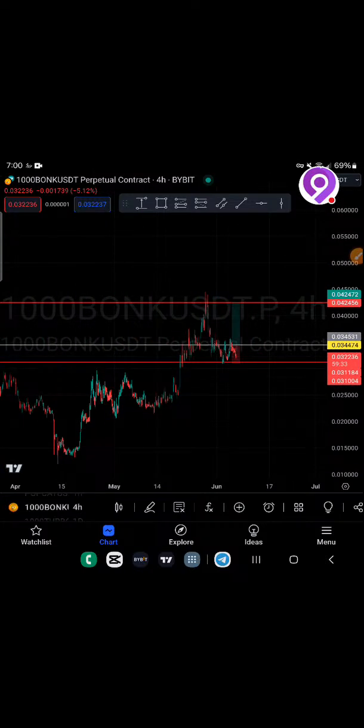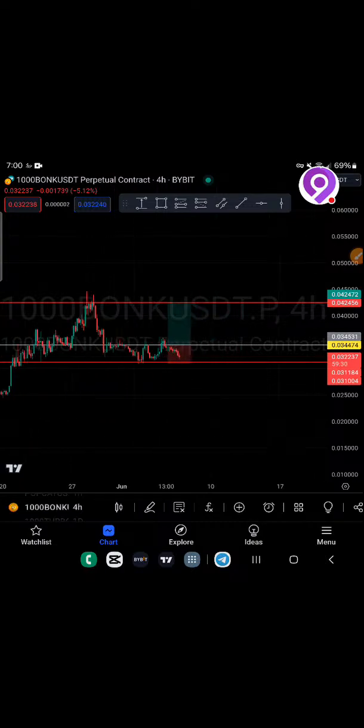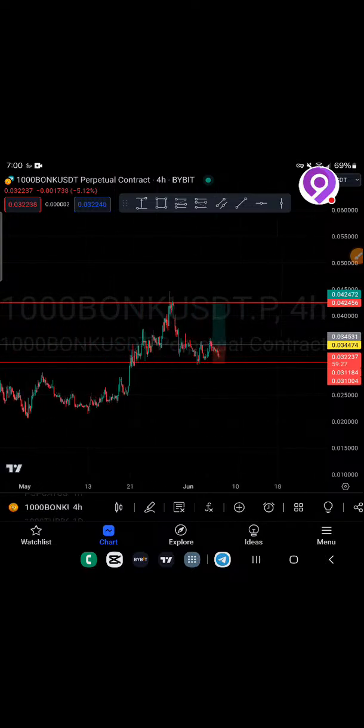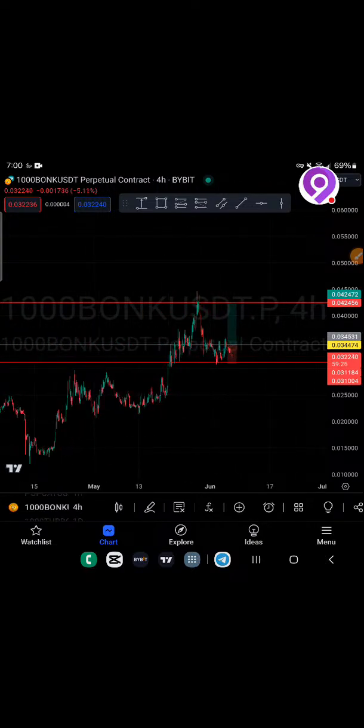So it's currently on a downtrend. Downtrend all the way. So for Bonk, just stay away from it for now. Maybe for now, nothing is happening on Bonk. Let's wait for this coin to regain its balance.